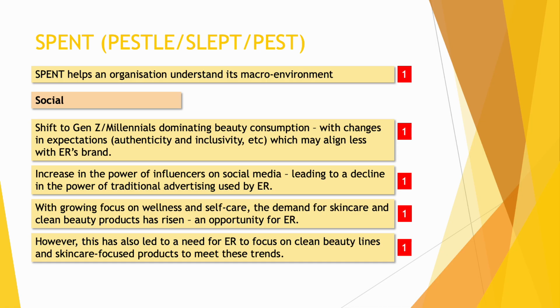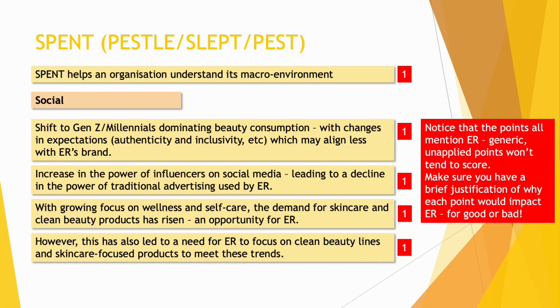Now, again, how will you get marked for this? Give yourself a mark for each sensible social point that you've identified. Now, you'll notice in the answer here, all the points we've made actually mention ER. Generic, unapplied points will not tend to score. So if you've just said something like, oh, influencers are now important on social media, well, that isn't going to get you a mark because you haven't specifically told me why that matters to ER.